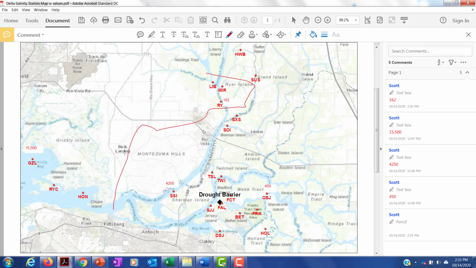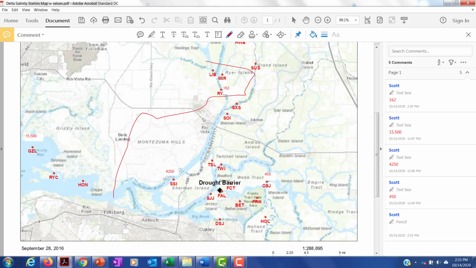Hint: if this is supposed to be 1,000, here we are at 4,000 here and 15,000 here. There's no way that this is the 1,000 line. The 1,000 line has to be on this side of this 4,000 and on the other side of the 450. See how close you can get it to move through here and see how you do. All right, hope that's clear enough.